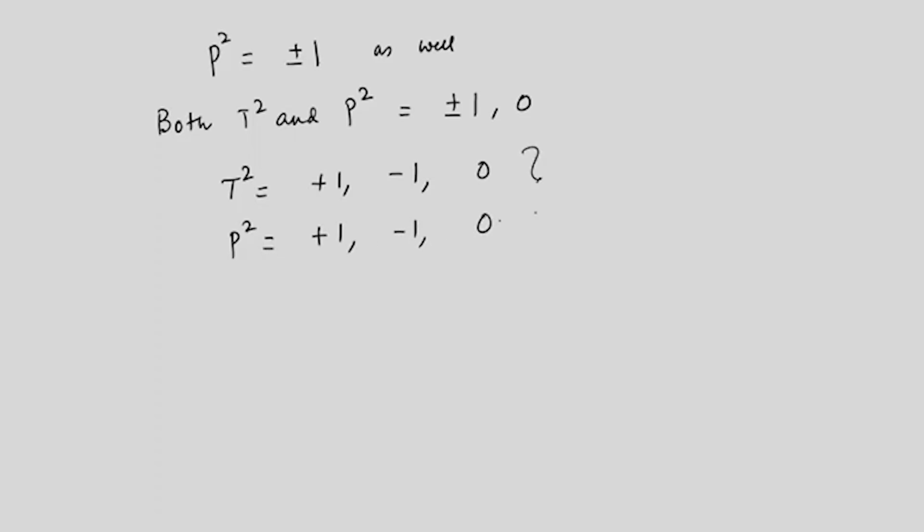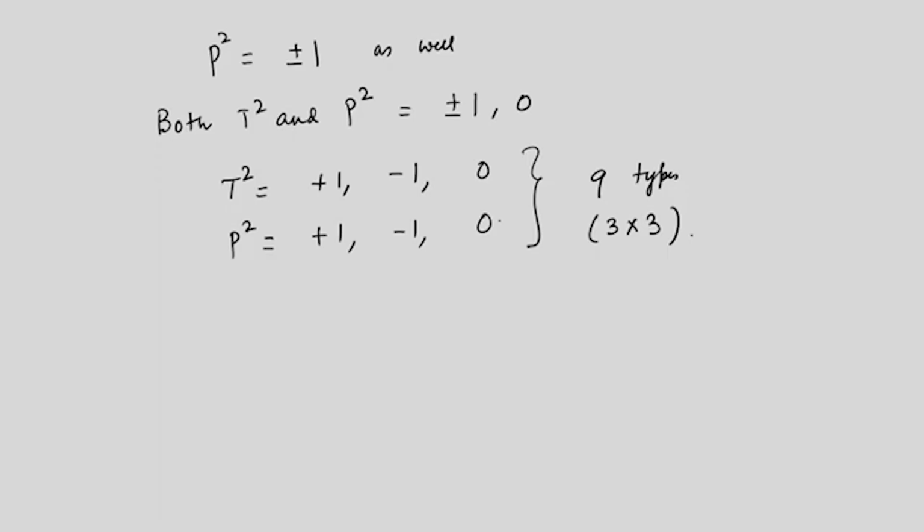If you put together all the combinations, we can consider T squared equal to +1 and P squared +1, -1 and 0, and then T squared -1 and P squared equal to +1, -1 and 0, and similarly for T squared equal to 0, P squared equal to +1, -1 and 0. So there are of course 9 types present, coming from the 3 cross 3.